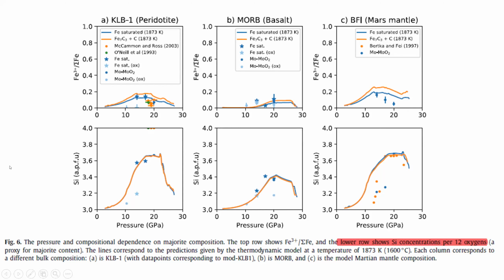However, the major observation is that until about 14 to 15 GPa, the redox reaction, that is the Fe3+/Fe total ratio, gradually increases, and after that it shows a reverse trend and decreases. This is explained by reactions: the structure of olivine changes, and along with that the volume also changes.